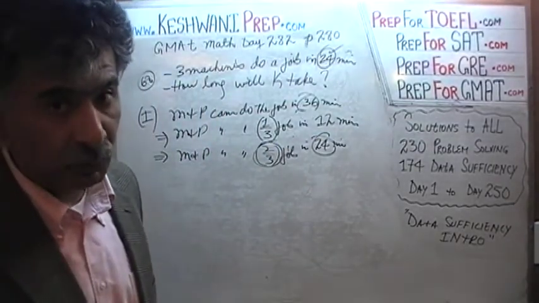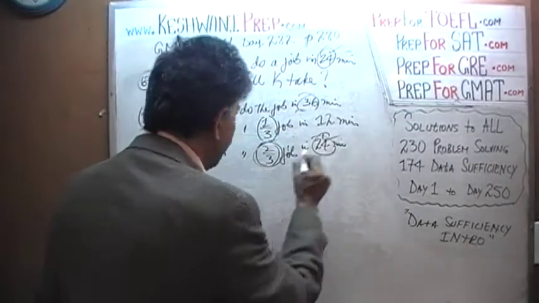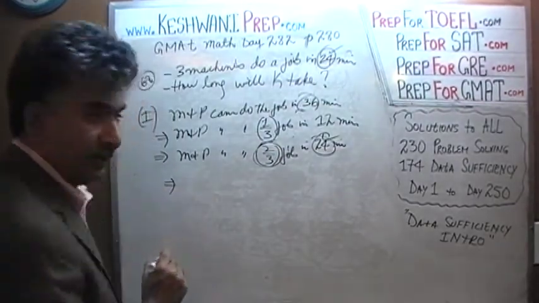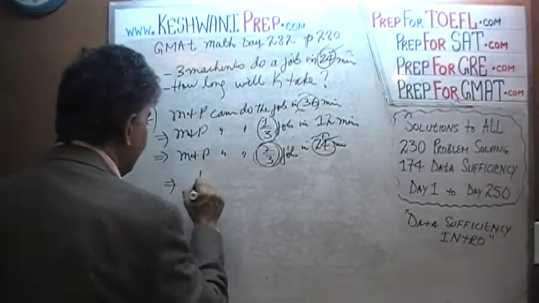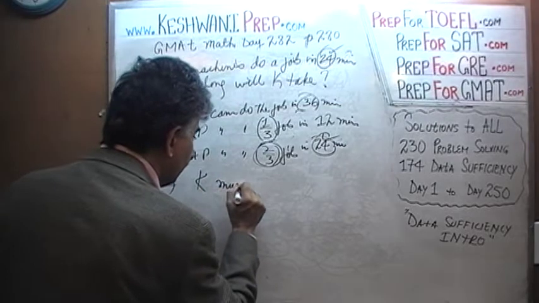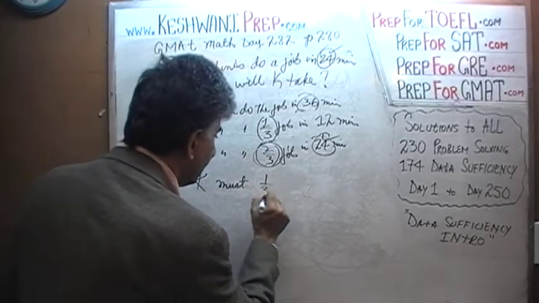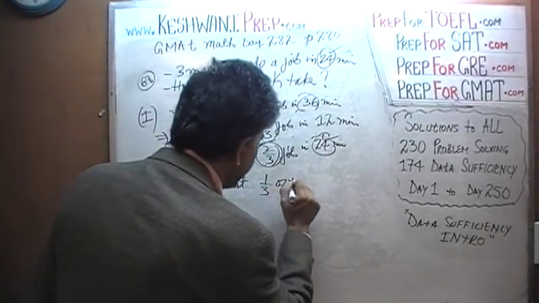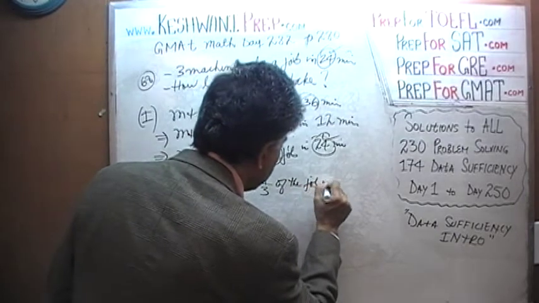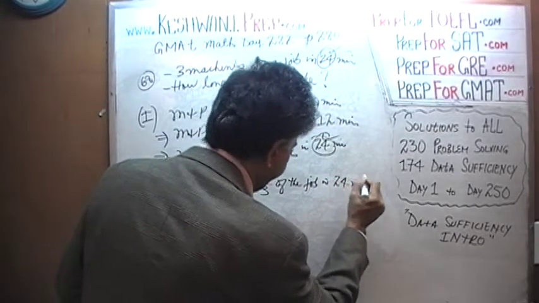If M and P can do 2/3 of the job in 24 minutes, that in return implies that K must do 1/3 of the job in 24 minutes.